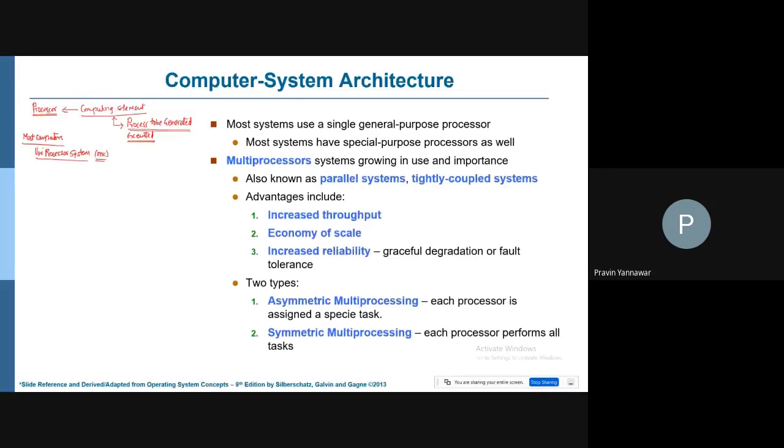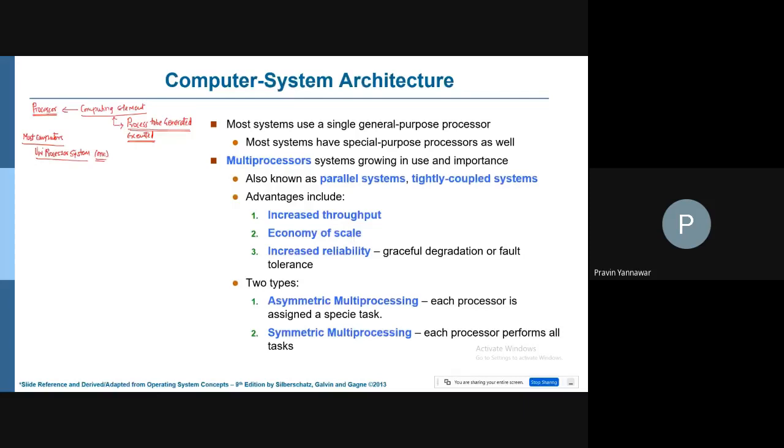But this is not the only kind of computer we are going to have. We are going to have multiprocessor systems also. In a multiprocessor system, imagine that you have multiple processors, P1, P2, P3, P4, so your computer has more than one processor installed.